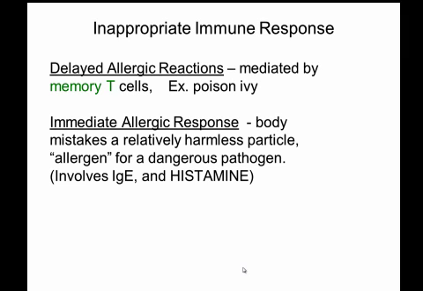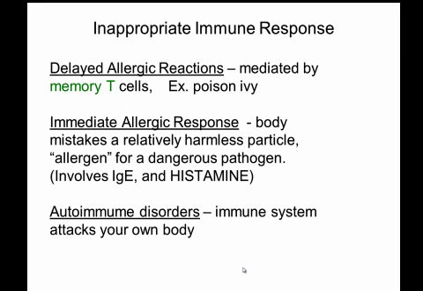This involves a specific antibody called an IgE and release of the chemical histamine, which causes the inflammation response. We would take an antihistamine when we're having allergies to block the action of the histamine.